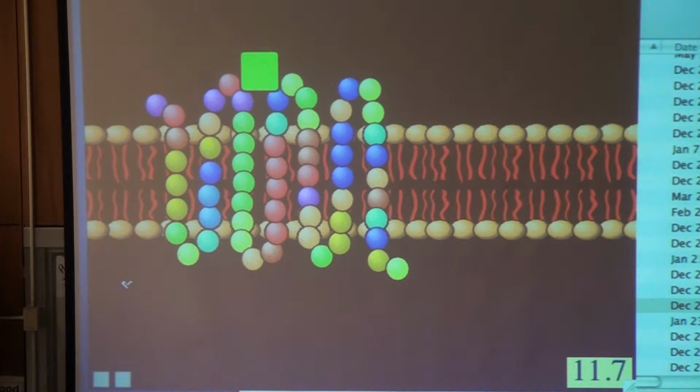And in certain other signal transduction pathways involving these G protein linked receptors, there's an enzyme called phospholipase C, which functions as relay protein number 2. So in certain cells, relay protein number 2 is adenylyl cyclase, and in other cells, it is phospholipase C. Now, both of these are membrane proteins, which makes sense because the G protein can only move in the membrane, so we expect that relay protein number 2 is going to be a membrane protein.